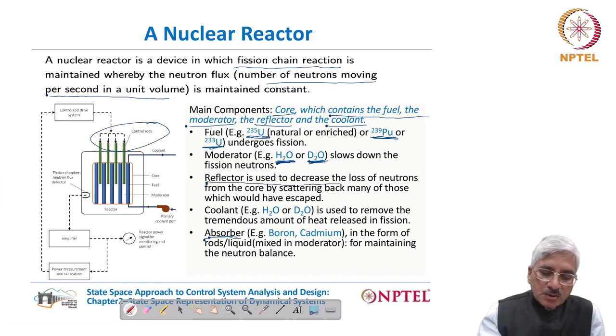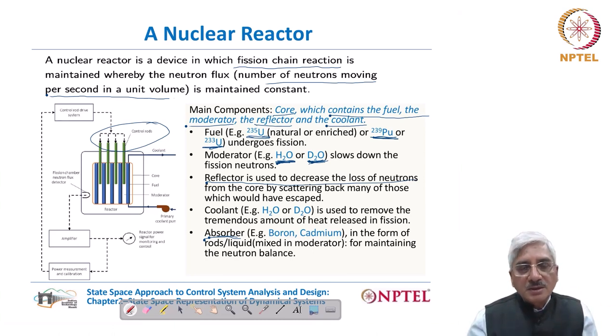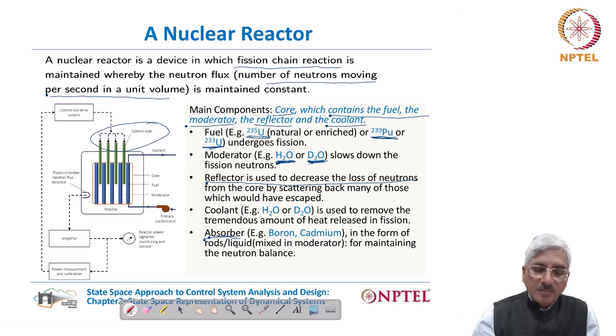Reflector is used to decrease the loss of neutrons. There is a high concentration of neutrons in the reactor core, so they try to diffuse out of the core, and the job of the reflector is to reflect them as much as possible back into the core. Coolant's job is to convey the heat produced in the fission event to the outside of the core, and thereby it either produces electricity or that heat can be used in any other meaningful manner. The absorbers are boron or cadmium.